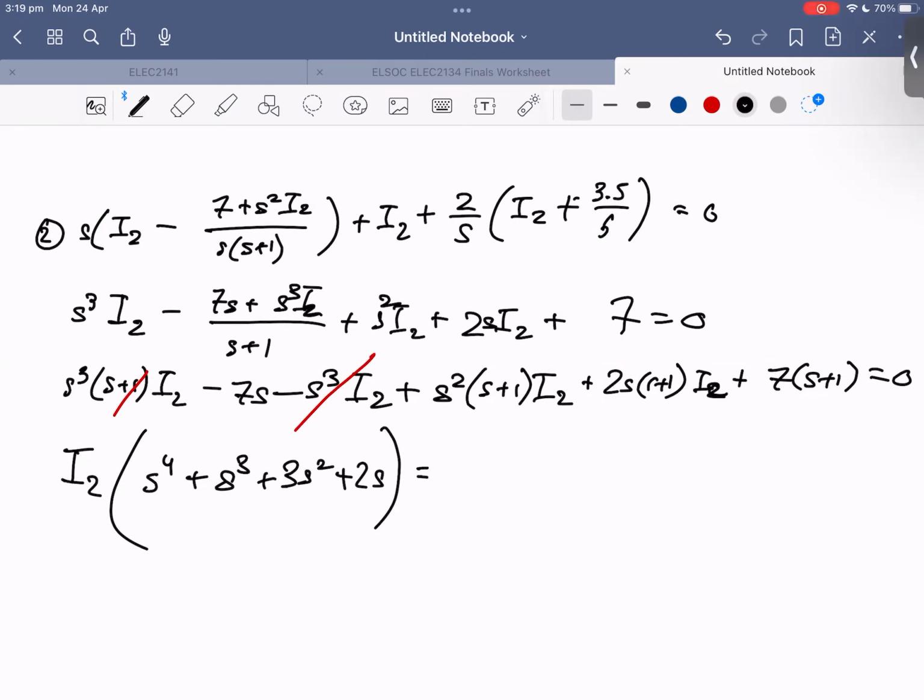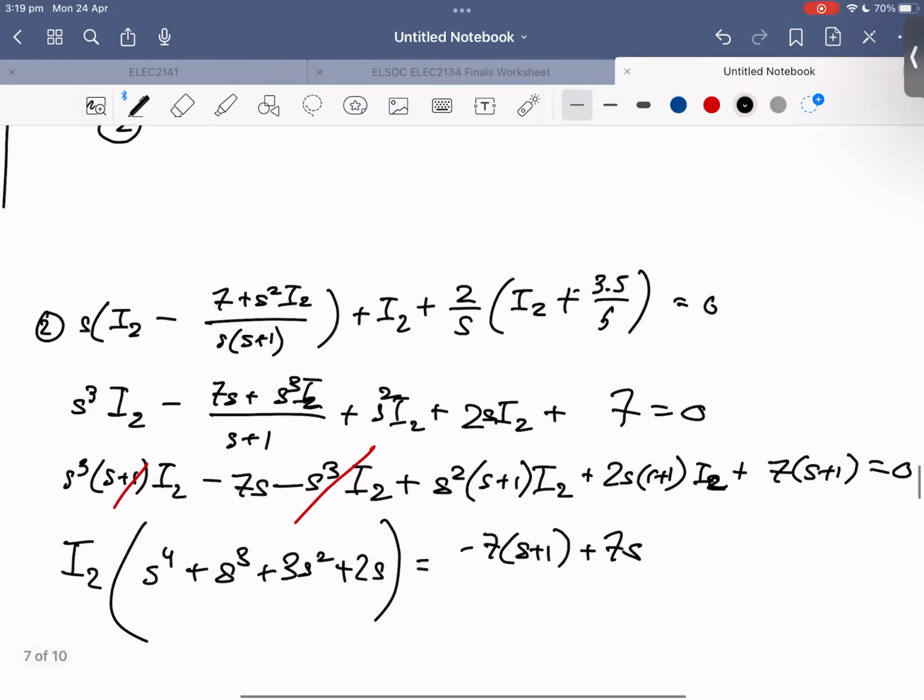And then on the other side, I should have negative S plus 1 plus 7S. Yeah. Okay. Let me just check that. I haven't done anything dumb.